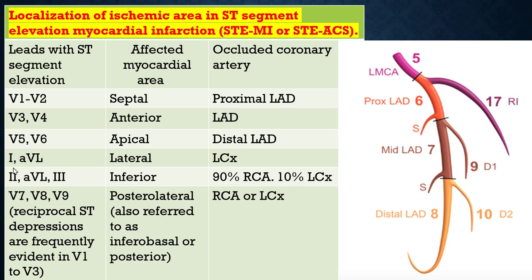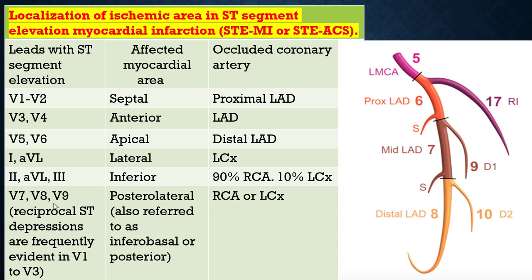If changes are in lead 1 and AVL, this is lateral infarction, and the obstruction is in the left circumflex artery. If the changes are in lead 2, 3 and AVF, this is inferior infarction, and in 90% the right coronary artery is involved.